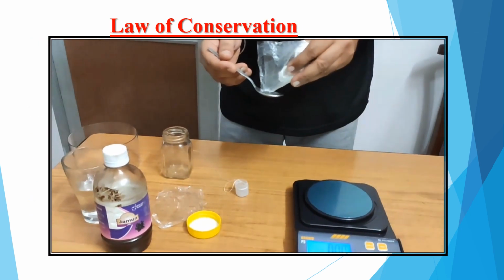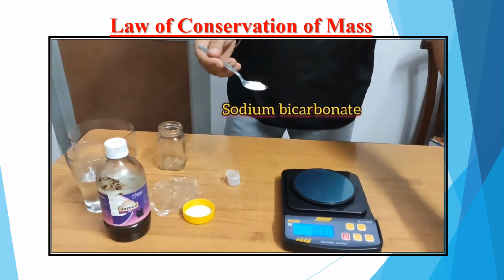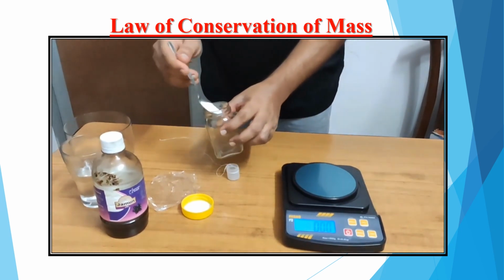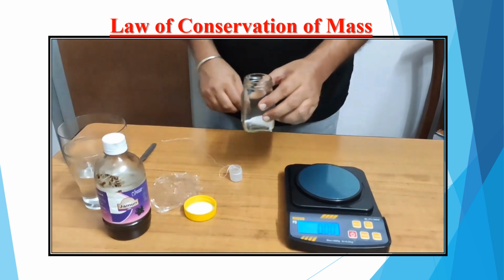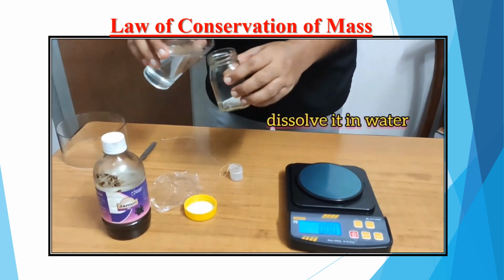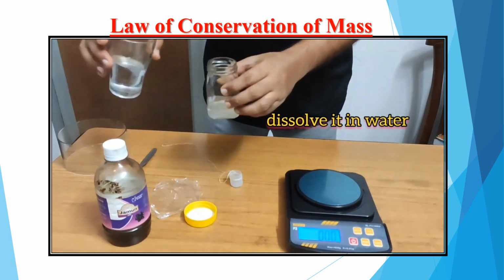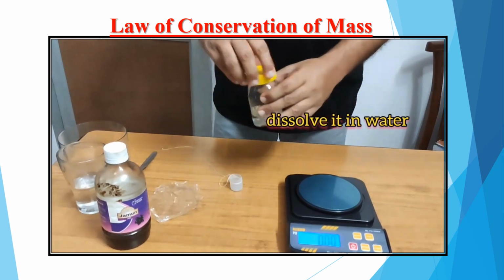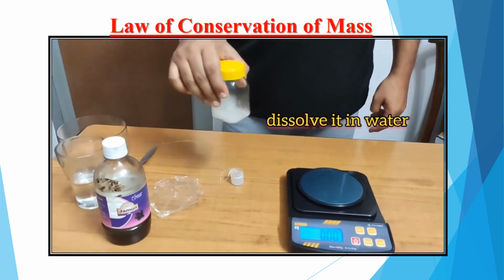Let's illustrate the law of conservation of mass by doing an activity. Take a spoonful of sodium bicarbonate in a glass container. Pour a small quantity of water and mix it to make a clear solution.